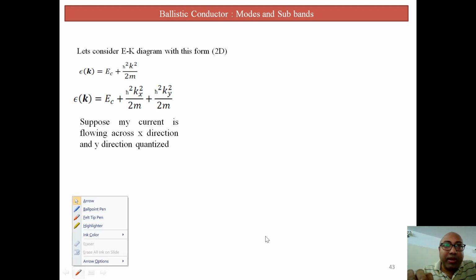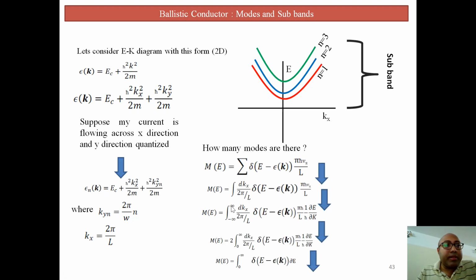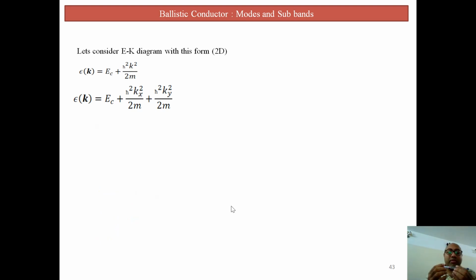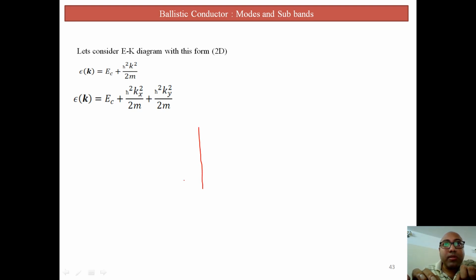Let us draw this: this is kx and ky. What we have assumed is that my current is flowing along kx and the ky direction is quantized.